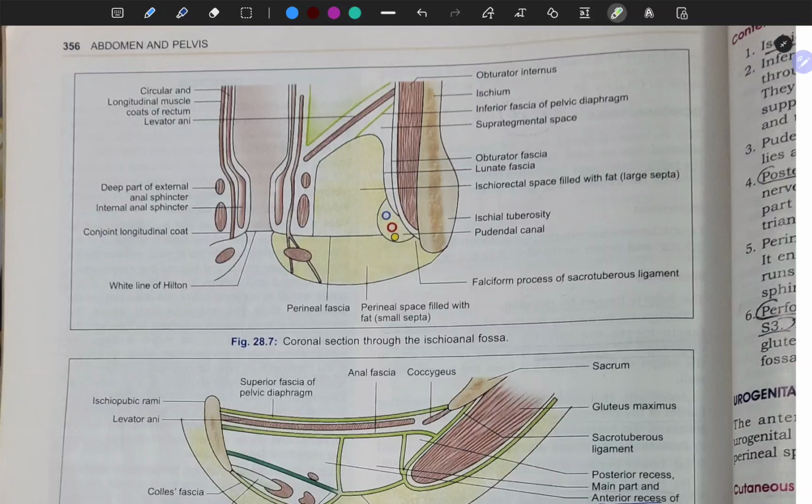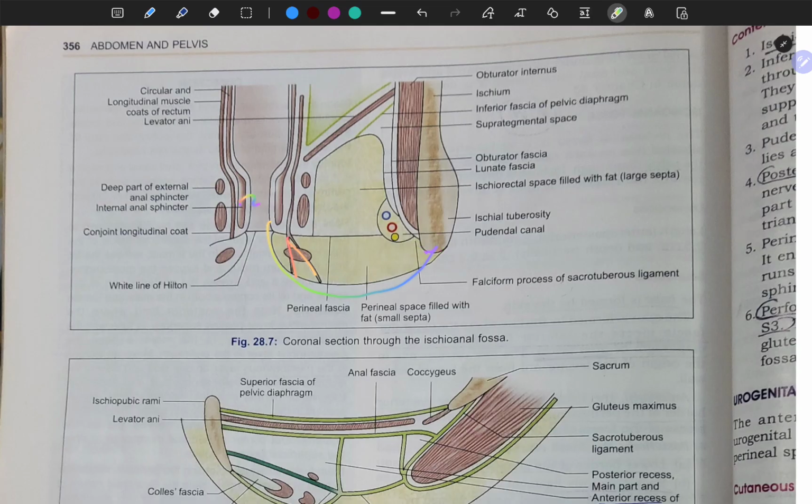So very important, they may ask you a question with respect to the ischiorectal fossa. Just remember this anatomy. The longitudinal muscle coat of the rectum traverses the external anal sphincter and then opens into the skin.